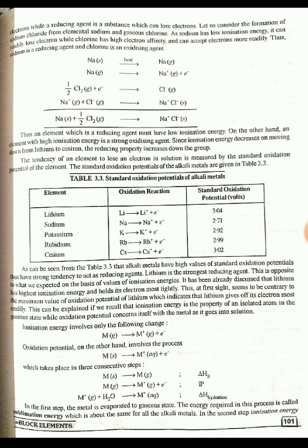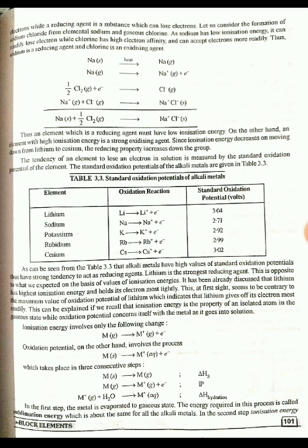Potassium, oxidation reaction: potassium gives potassium positive ion plus electron, standard oxidation potential 2.92 volt. Rubidium gives rubidium positive ion plus electron, standard oxidation potential 2.99 volt. Cesium gives cesium positive ion plus electron, standard oxidation potential 3.02 volt.